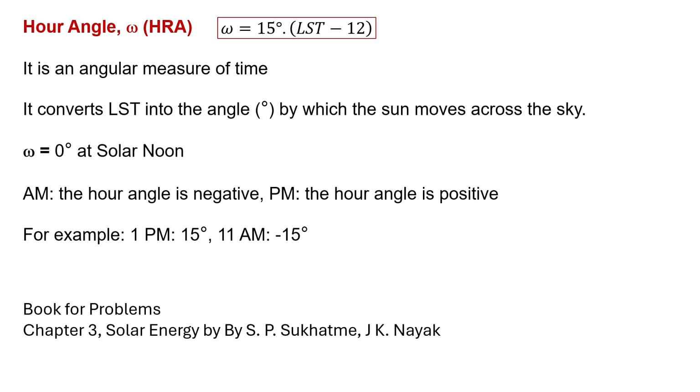So, of course, at solar noon omega will be equal to 0 because LST will be 12, and if it is AM time before noon, then the hour angle is negative, and if it is PM, then it is positive. So, for 1 PM for example, it will be 15 degrees, and for 11 AM it will be minus 15 degrees. So, this is the end of this lecture.